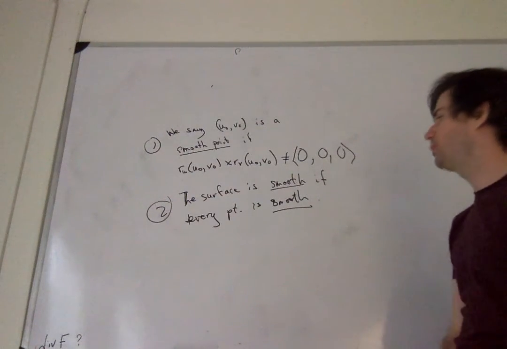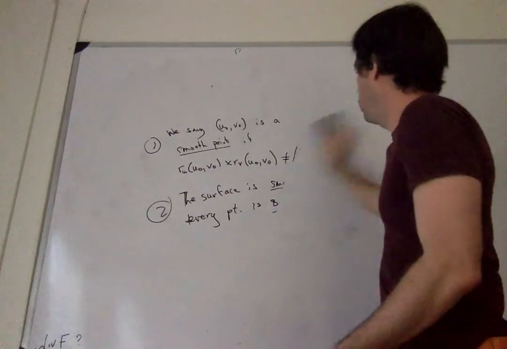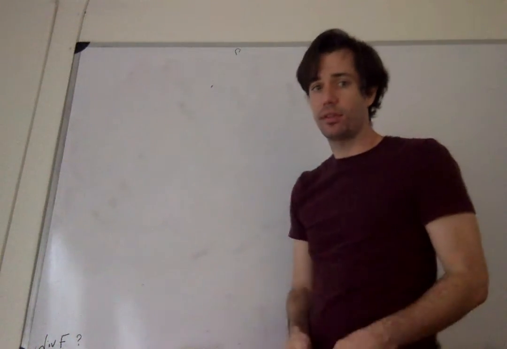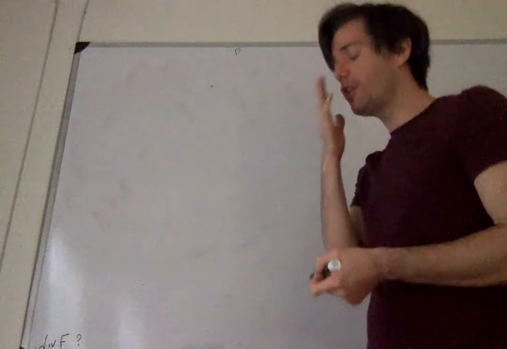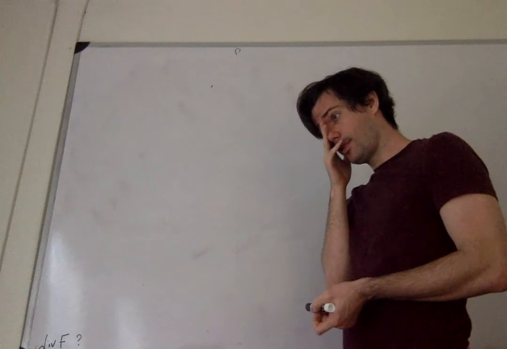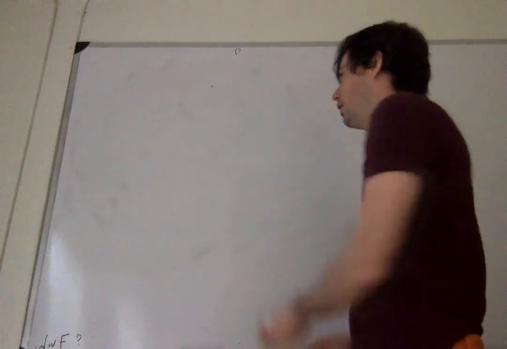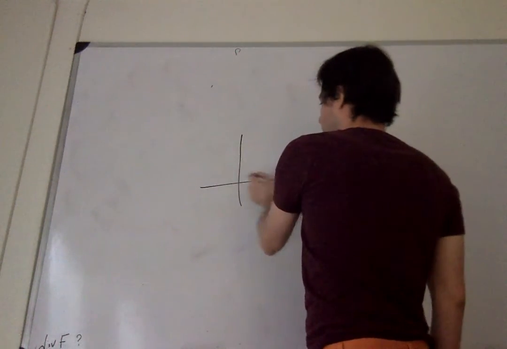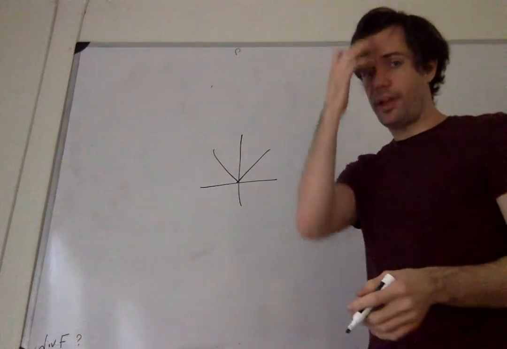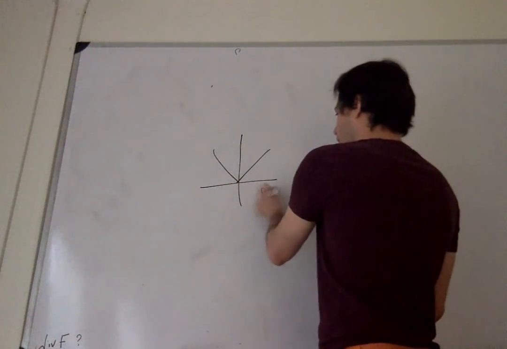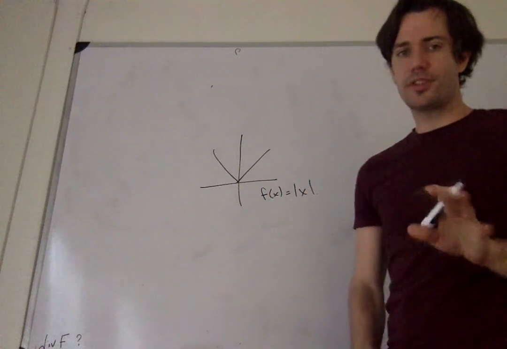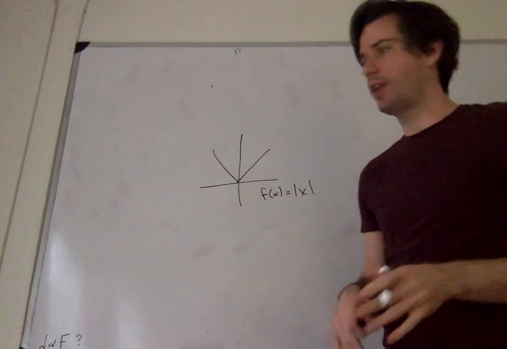That makes sense. So let me explain why this makes sense. It's a very stupid example. So here's our absolute value function, |x|. I'm just going to keep it in the one-dimensional case.